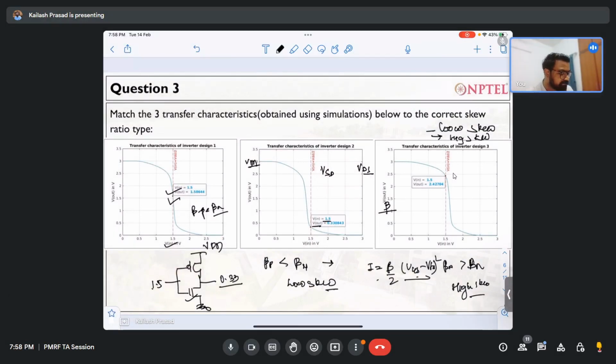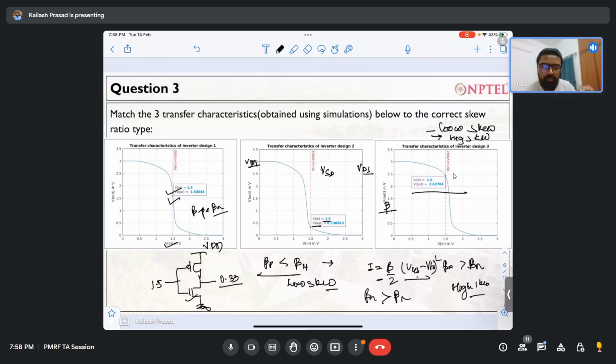The only thing differing is beta. That is the reason we are saying that beta n is greater than beta p, or beta p is less than beta n. It is a low skew inverter, and you can identify the same from here.